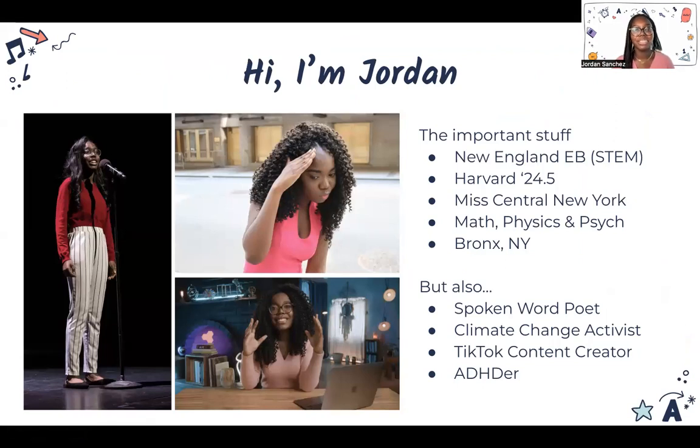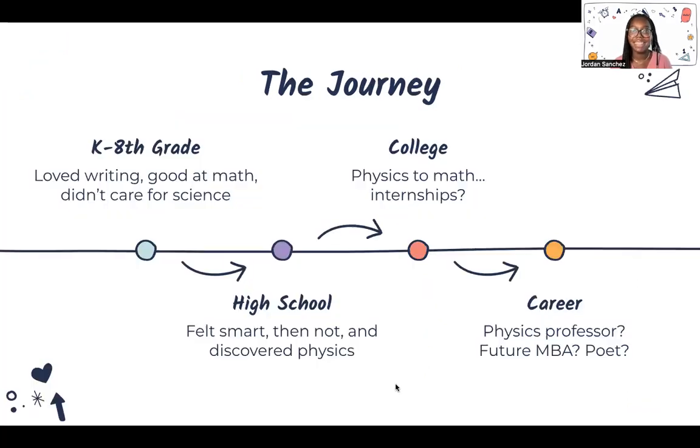I'm the reigning Miss Central New York in the Miss America organization, which is really cool. I'm studying math and physics with a secondary in psychology, and I'm born and raised in the Bronx, New York, very proud to be there. But outside of school, I'm a spoken word poet, climate change activist, TikTok content creator, and I'm also an ADHDer.